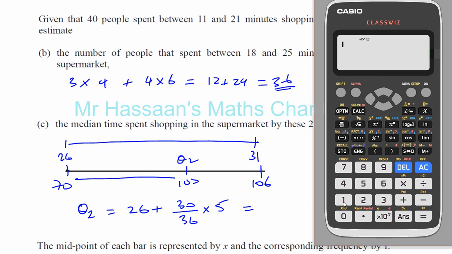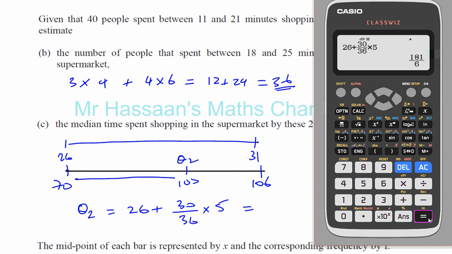So we have 26 plus the fraction 30 over 36, 30 divided by 36, times 5.